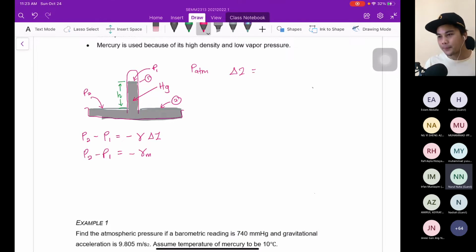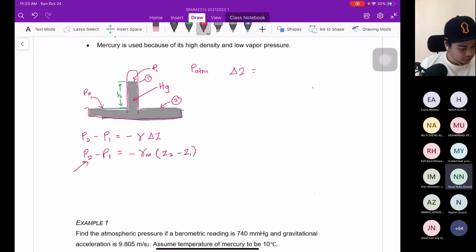Anyone would like to try? Hakim, Rafi, Akila, Irfan. It basically refers to this. You can see P2 first. So Z2 minus Z1. This is easy to remember.